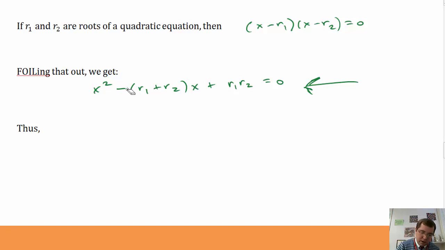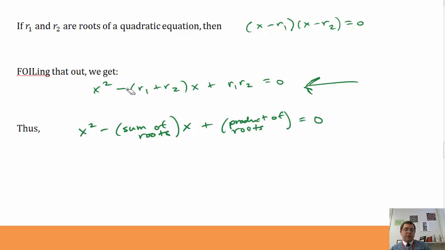So it turns out that x squared minus the sum of the roots times x plus the product of the roots equals 0 will be an equation that has r1 and r2 as roots. But there are actually an infinite number of equations that have that, because I could take this, I could multiply the whole thing by any real number constant a.